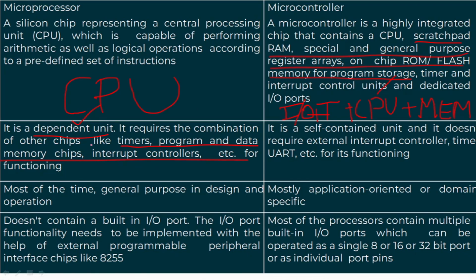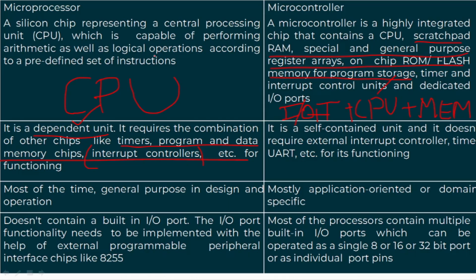And what do you mean by interrupt controllers? What's an interrupt? Whenever input output devices are connected to your processing unit, let's assume your processor is performing some task and it's busy with it, but immediate attention is required by your input output device. So how will it inform the CPU that yes, I need your attention now?